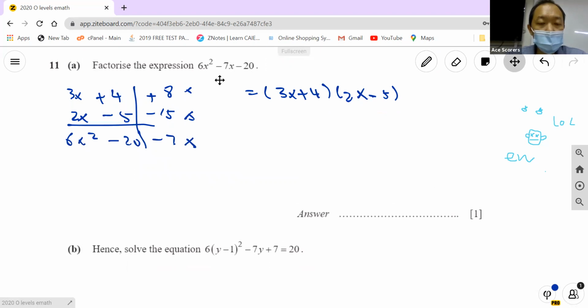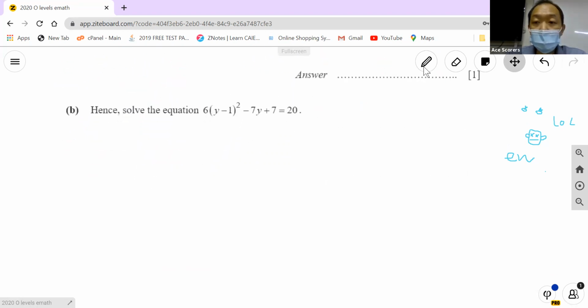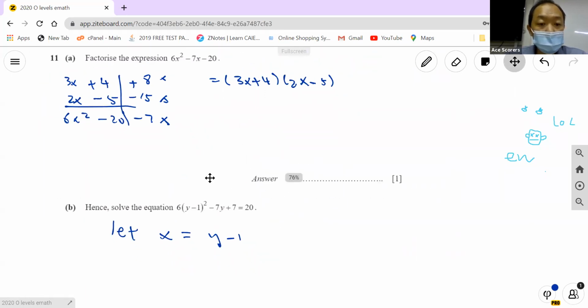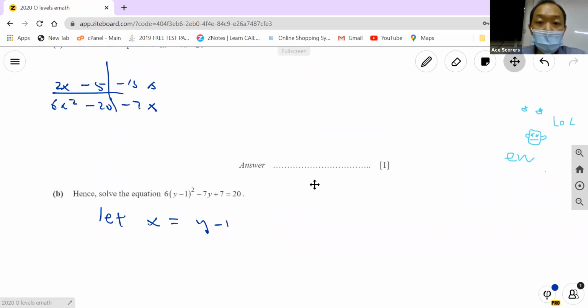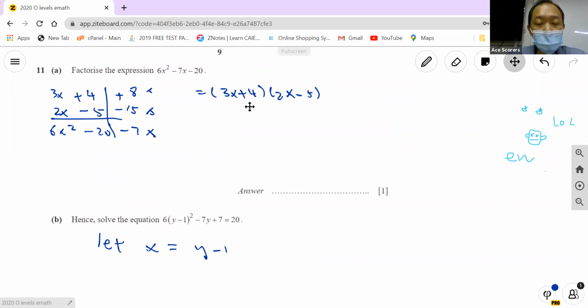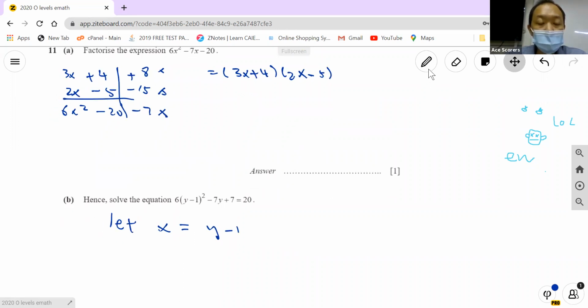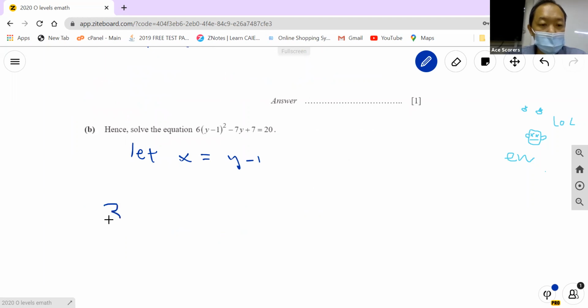Hence solve this. So we gotta use this 6x squared, so let x equal to y minus 1. So we know this thing equals 0, this thing equals 0. So 3x plus 4 equals 0, 3y minus 1. Okay, this is one equation.